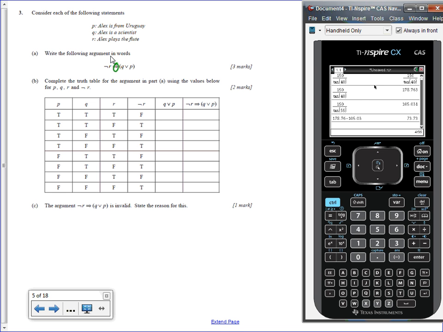So I'm going to try to write this here, see if I can fit it. Okay, so to write this thing in words, we're saying if, because I see that arrow going forward, we then need to start my statement with an if. If, then we have not R, right? That means negation R. So if Alex does not play the flute, comma, then, now when I have in parentheses Q or P, the answer key to this is pretty clear that they want you to use either or to make it clear that the Q or P is grouped together in these parentheses.